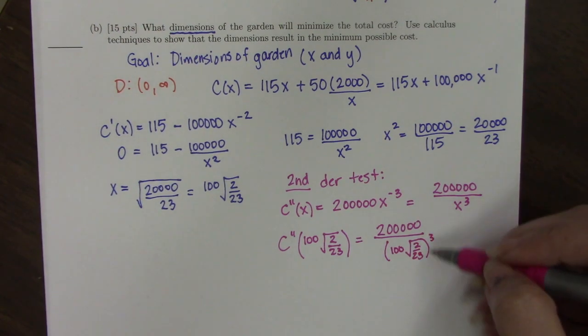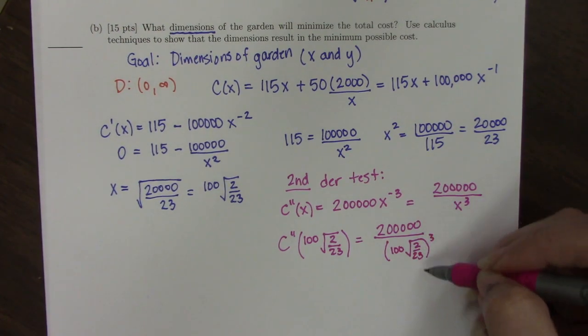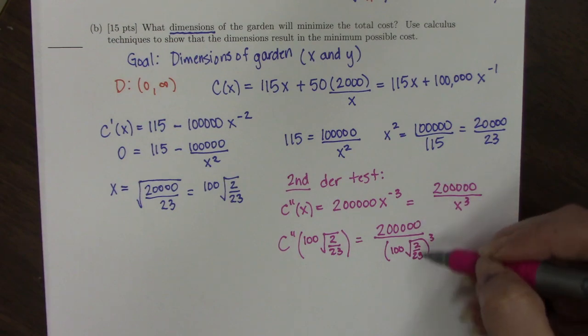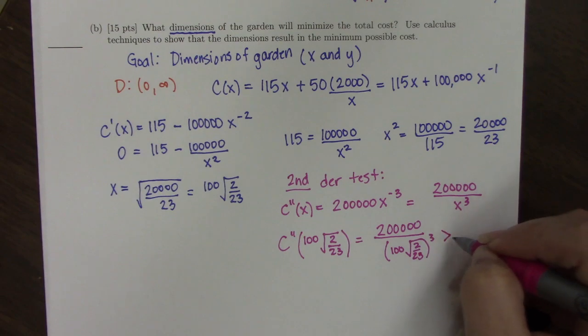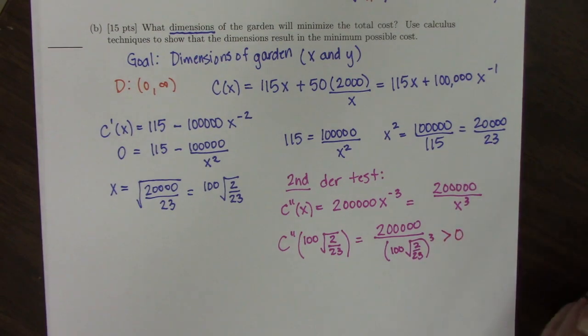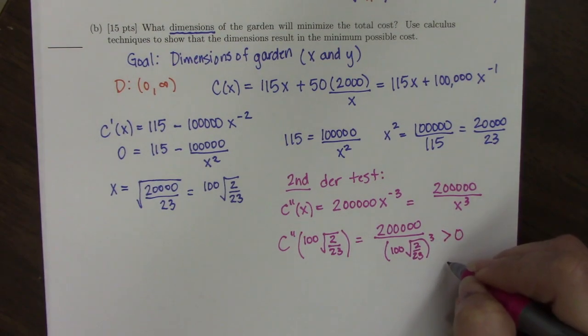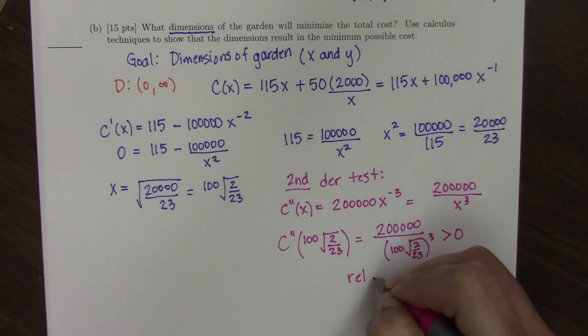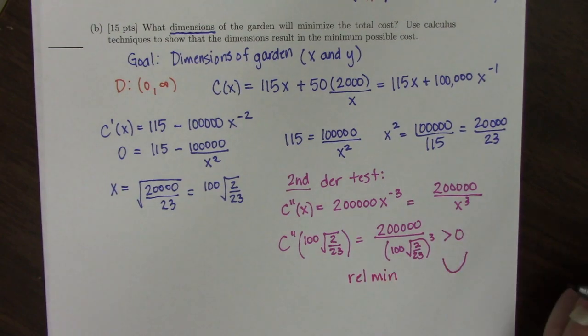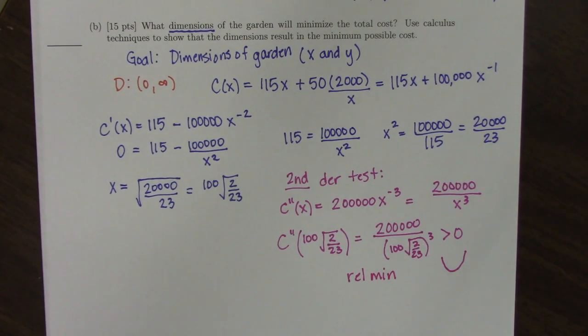We can see by just looking at this number, I don't really care about the value of the number. What I care about is the sign of the number. The numerator's positive, the denominator's positive. This is a positive value, so that means the function will be concave up here. So this is telling me that this is a relative minimum. So I do in fact have a minimum.